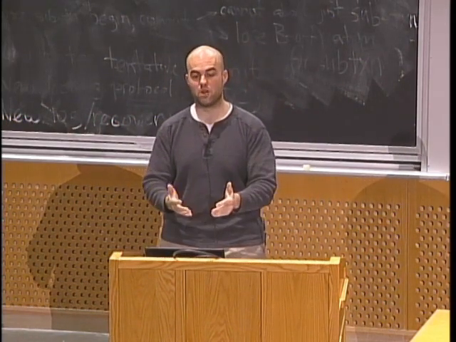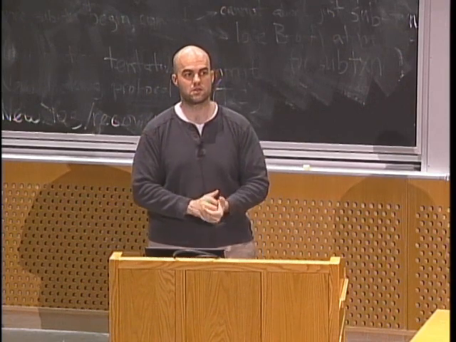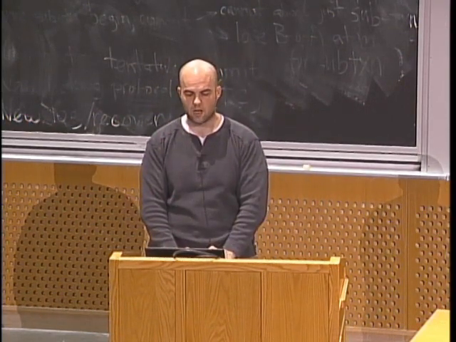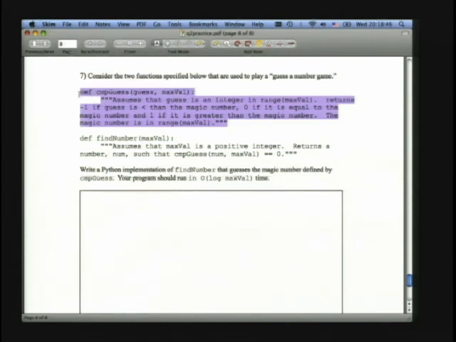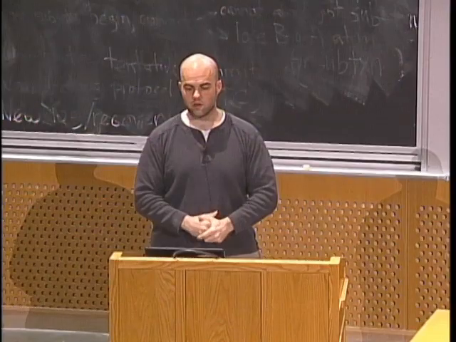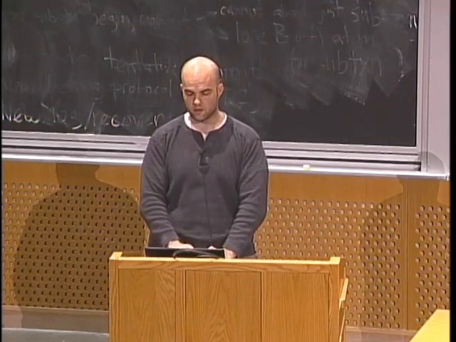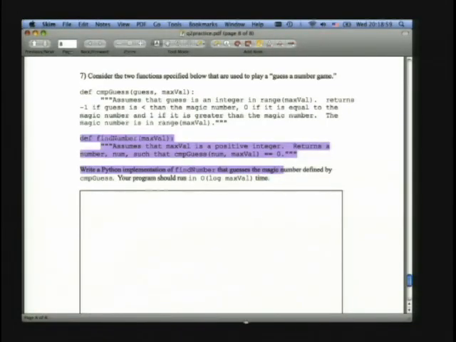So this problem is asking you to implement binary search, all right? And comp guess here is functioning as me in this problem. It knows a number, and you write the program that's going to guess it, which is find number.